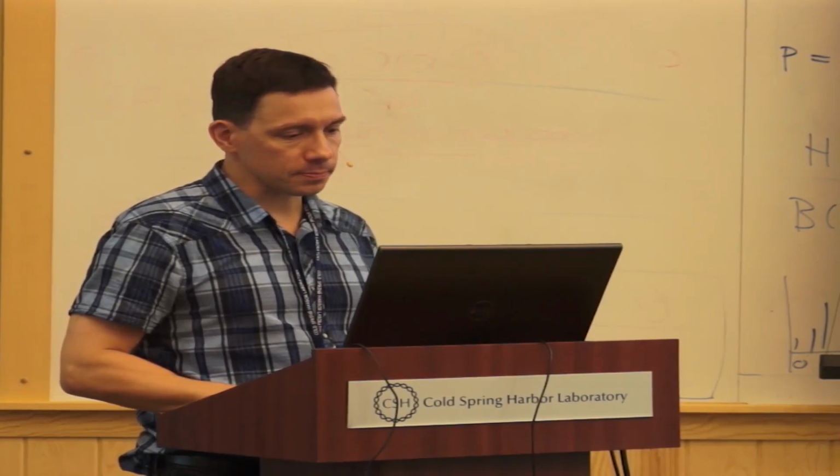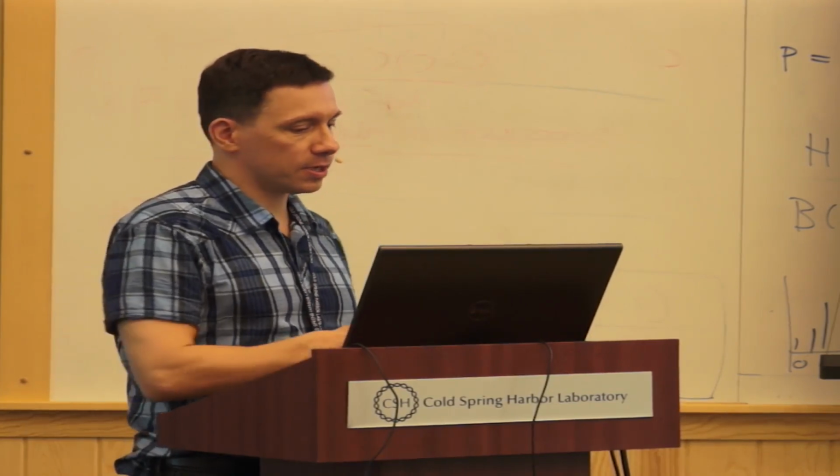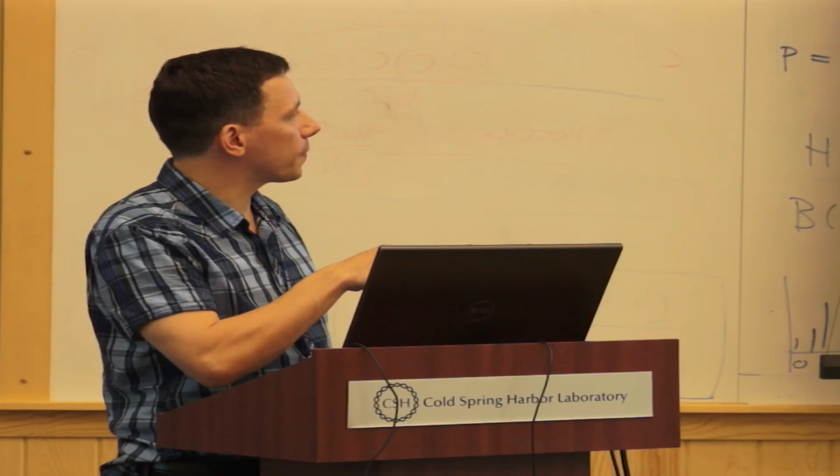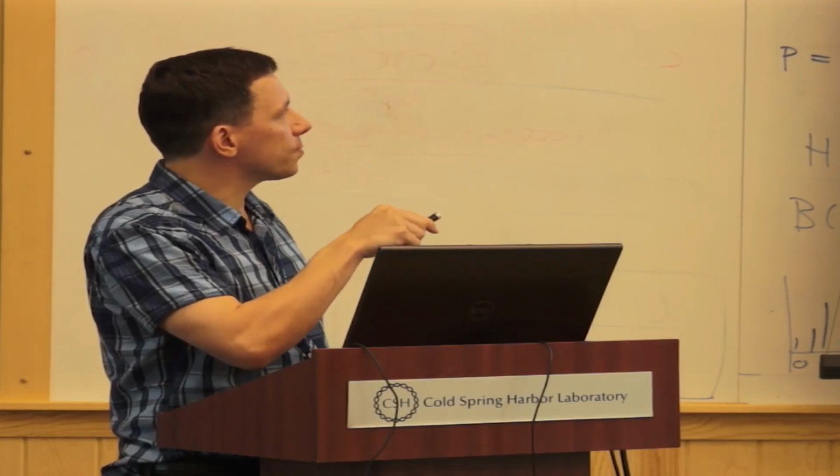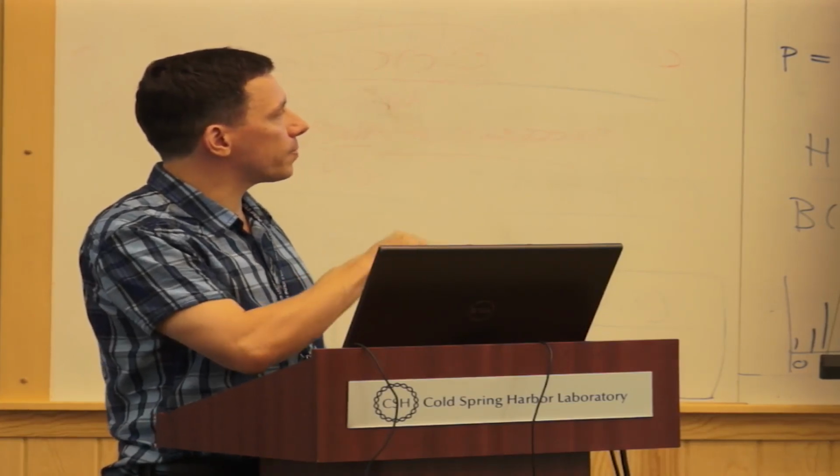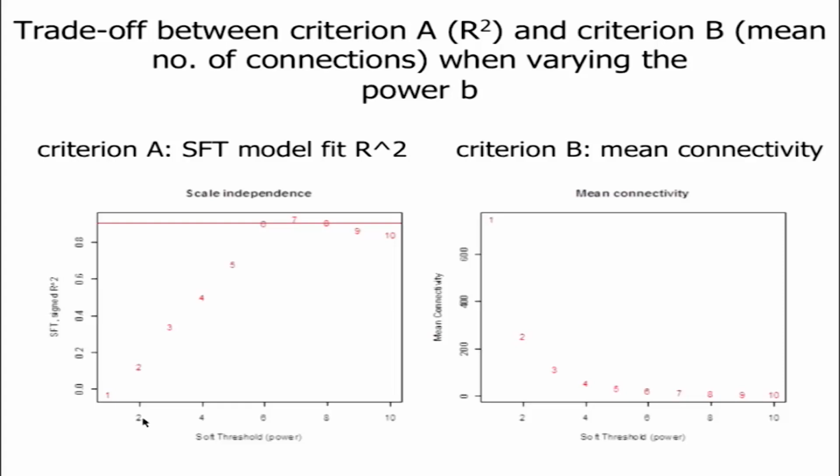Just to give you the heads up, what we do is plot this R-square measure on the y-axis versus different powers for thresholding and see how the R-square measure changes. Do you see, when you have a low power, you don't have a scale-free network.